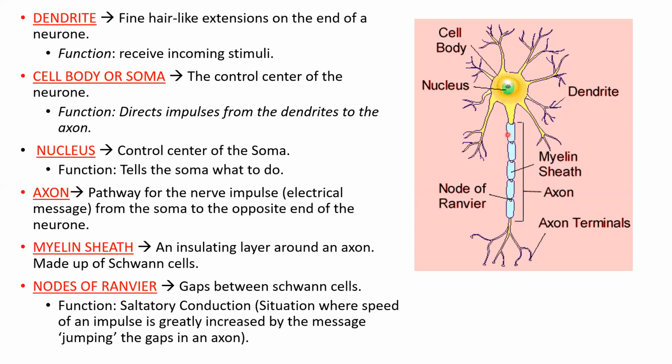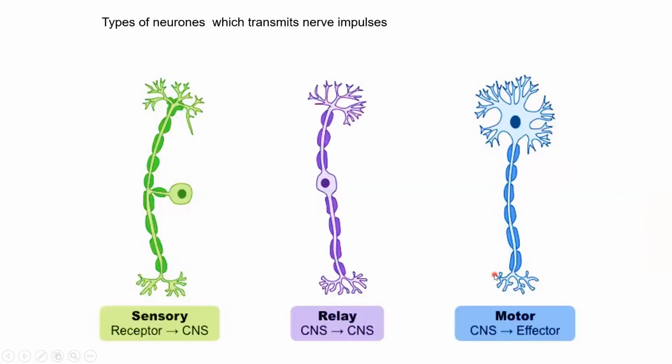The axon is covered by the myelin sheath, which is the fatty layer, and that serves the function of insulation. It does not allow the nerve impulses to move out of the axon because myelin protects them from leaving the axon. That is the axon terminal, which transmits the nerve impulses to the next neuron, which will be located over here. Okay, these are the three types of neurons.